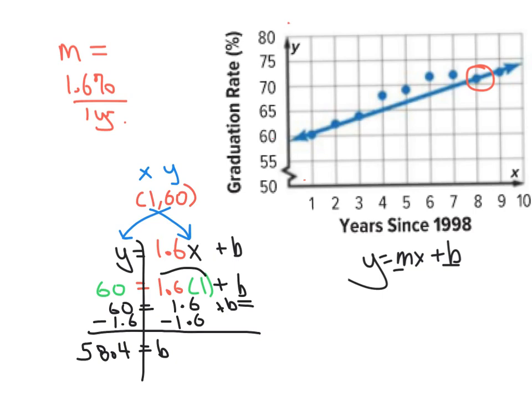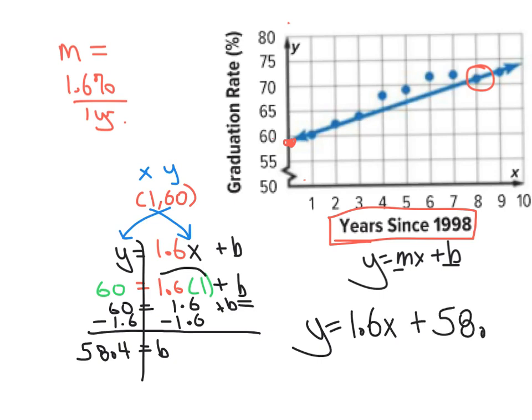Well, what that means is that at 0 years, so in 1998, the graduation rate is 58.4%. And then after 1998, we start increasing by a rate of 1.6% in graduation rate per year. So my equation is this: y equals 1.6 times x plus where I began, 58.4%.